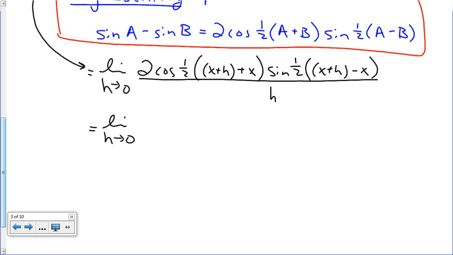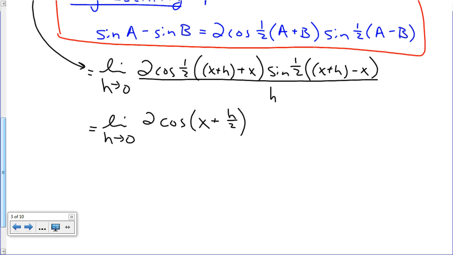So I'm going to write it as 2 times the cosine of, I'm going to simplify what I'm taking the cosine of. I can see that I've got 1/2 of this quantity, and that quantity has x plus h plus x. So there's actually 2 x's in there, but I'm taking half of that whole thing. So half of 2x would just give me an x. And then I have an h, but again, I'm taking half of that h, so I'm going to write that as h over 2.